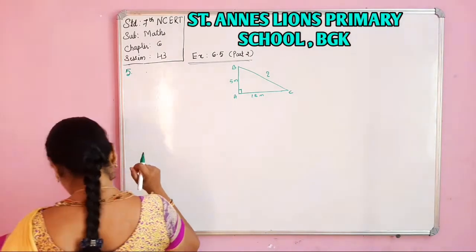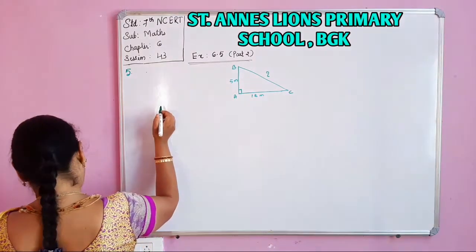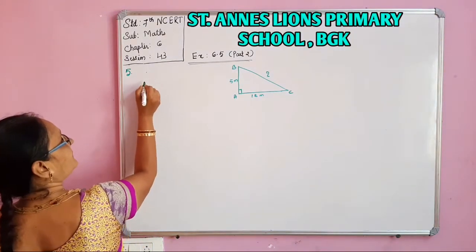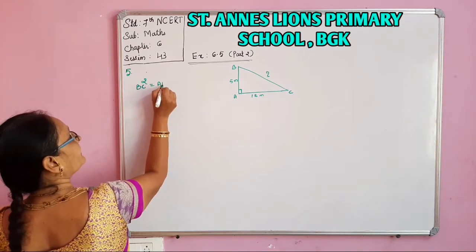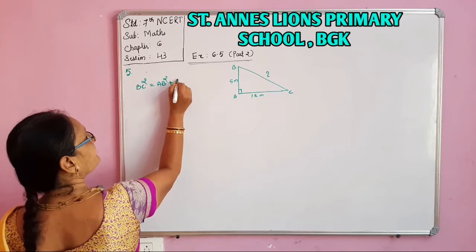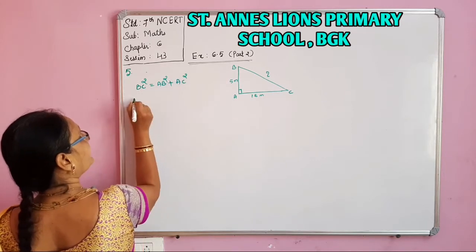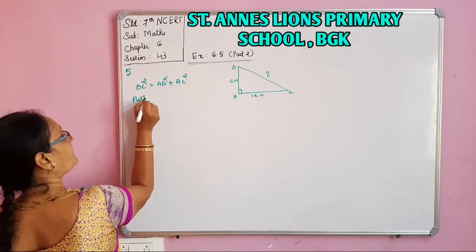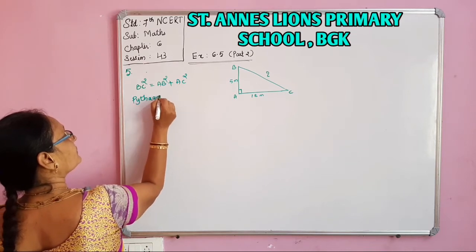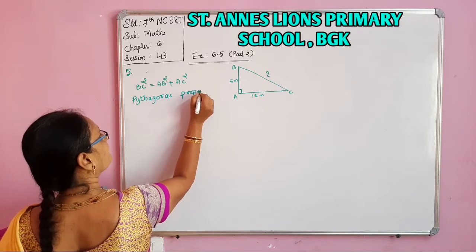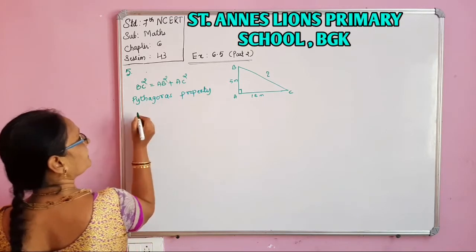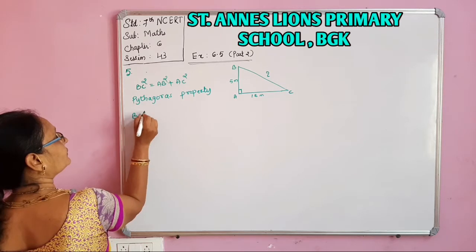So, by the Pythagoras property, BC square is equal to AB square plus AC square. BC square you don't know, we have to find out.